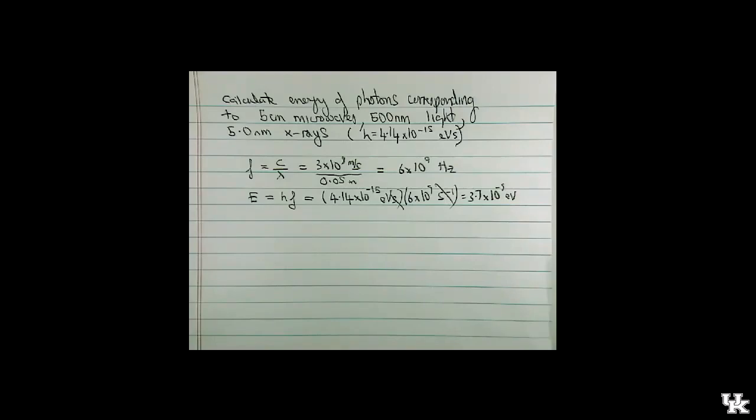So if you were doing the other problem, you could just say, well, look, my X-ray wavelength is a factor of 10 million times shorter. That means their frequency is a factor of 10 million times larger, which means the energy packet is 10 million times bigger.